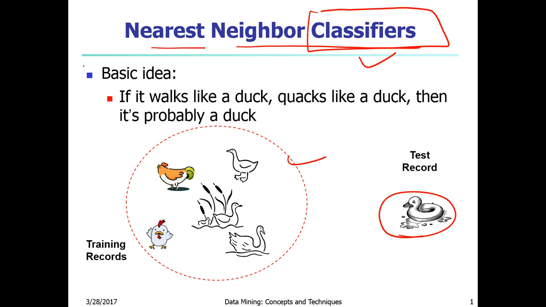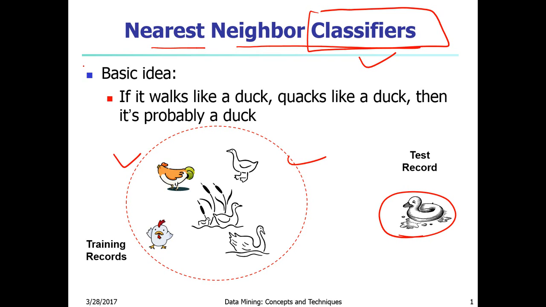All we need to do here is to measure the distance, how close this picture is with another picture. The closer the picture is, the more probable it is that it is similar to the given picture.